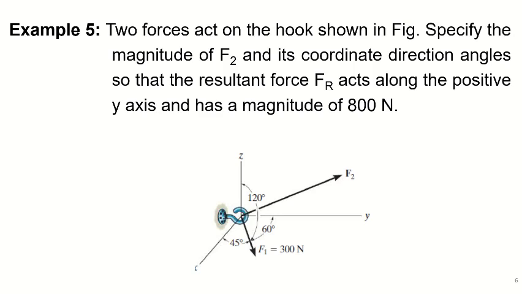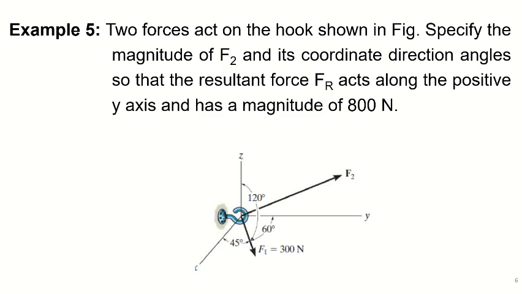Specify the magnitude of F2 and its coordinate direction angles so that the resultant force Fr acts along the positive y-axis and has a magnitude of 800 Newton, right?